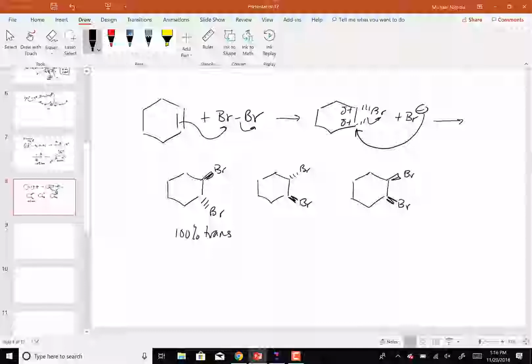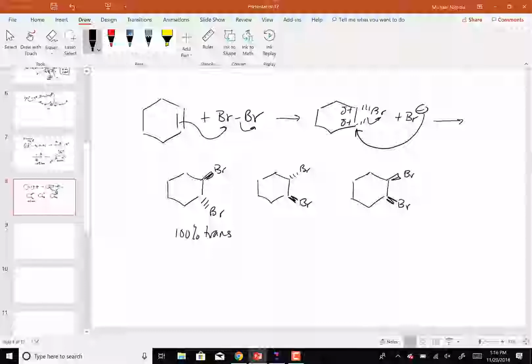I can add them to the double bond one way, reverse it. That's two ways. That gives us the possible products for regioselectivity. And then when I add those groups, 100% cis and 100% trans, that gives us the possible products for stereoselectivity. And the critical part is, are those products different?